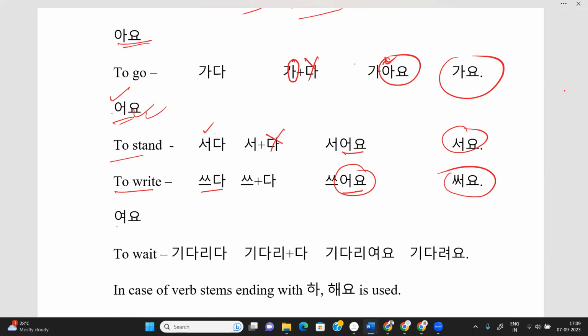Next ending is haeyo. To wait, gidarida. Ri plus yo, it will change to gidaryeoyo. In case of verb stem ending with ha.